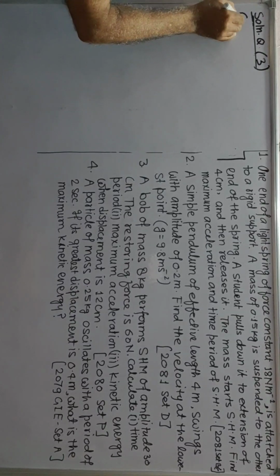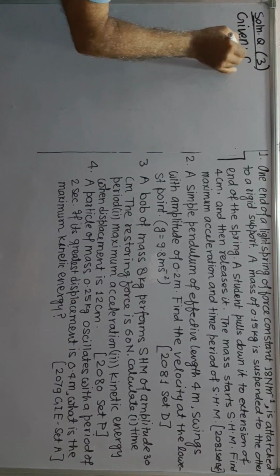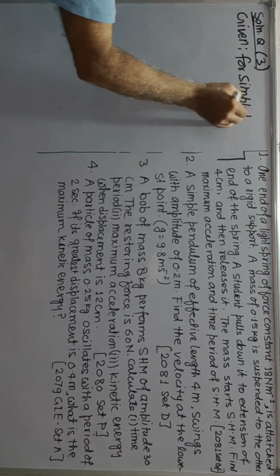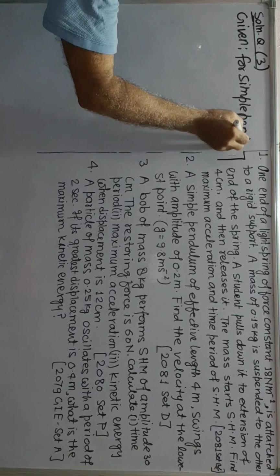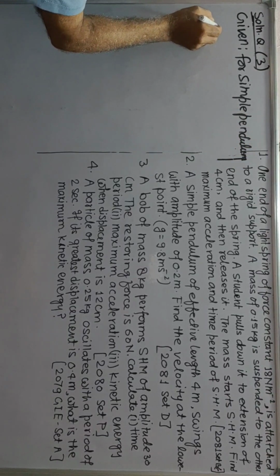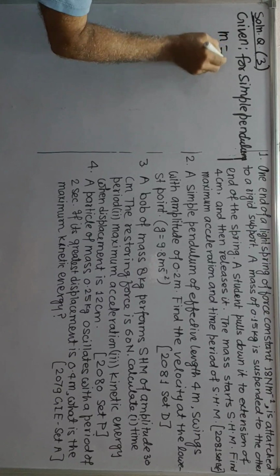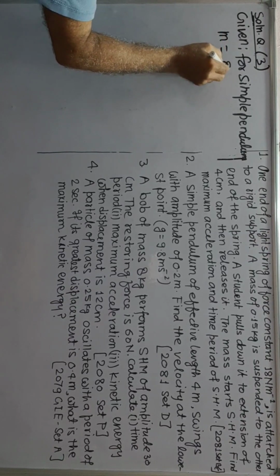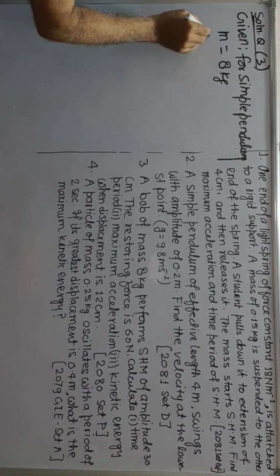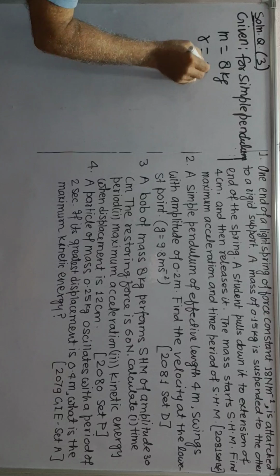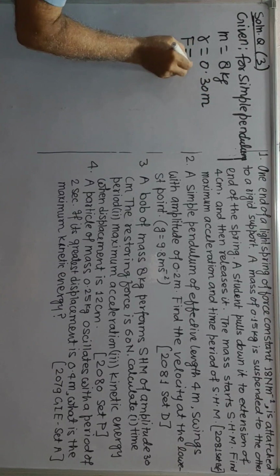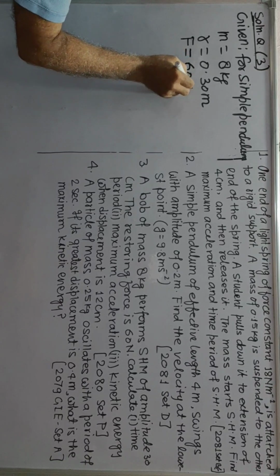Here, given for simple pendulum, mass of bob is 8 kg, amplitude is 30 cm means 0.3 meter, restoring force as magnitude 60 Newton.